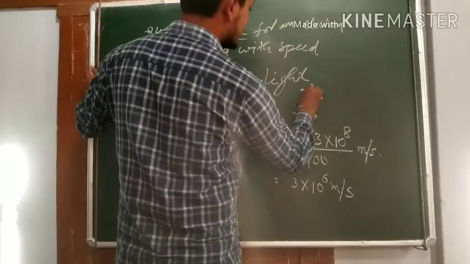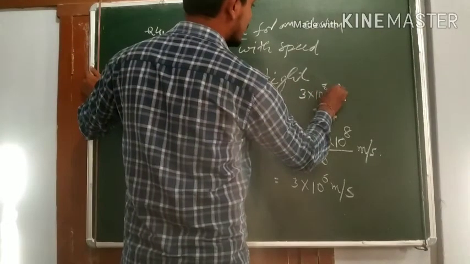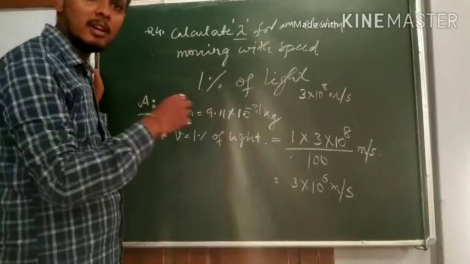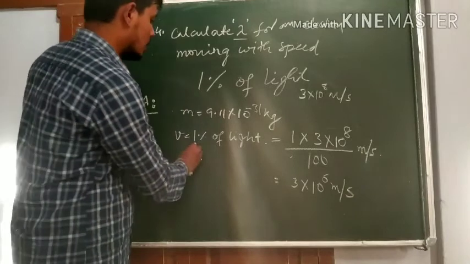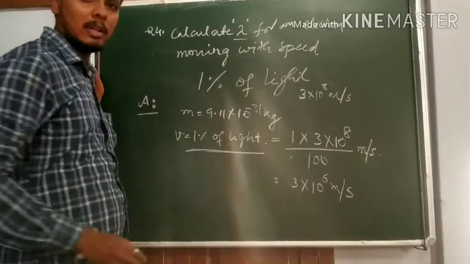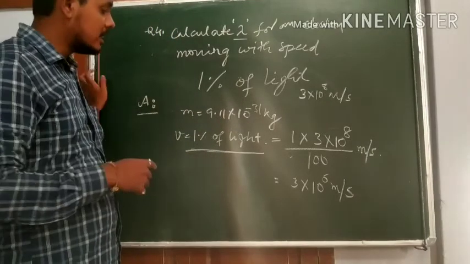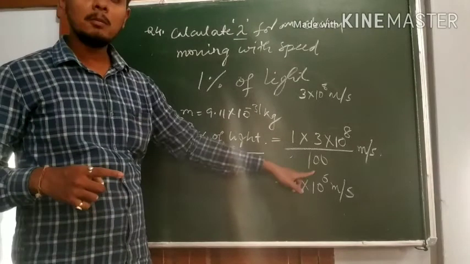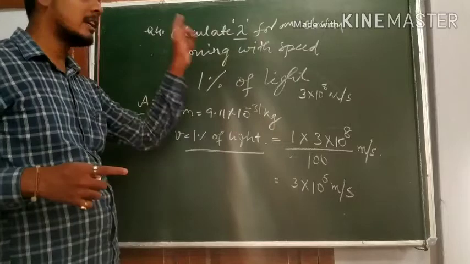The speed of light is 3 into 10 to the power 8 meter per second. So 1% of the speed of light will be 1 into 3 into 10 to the power 8 by 100.